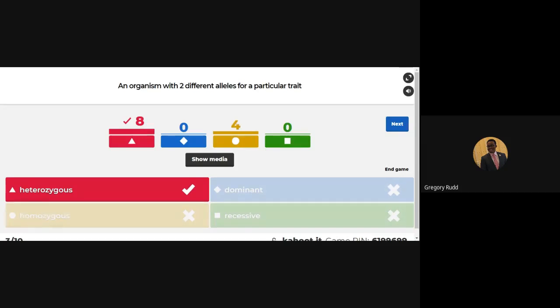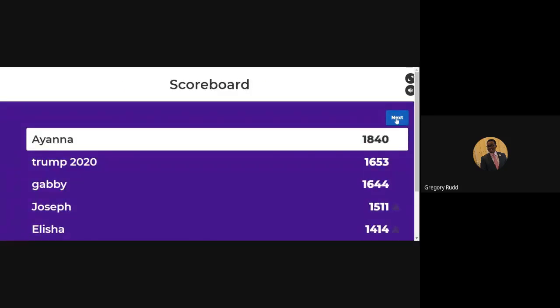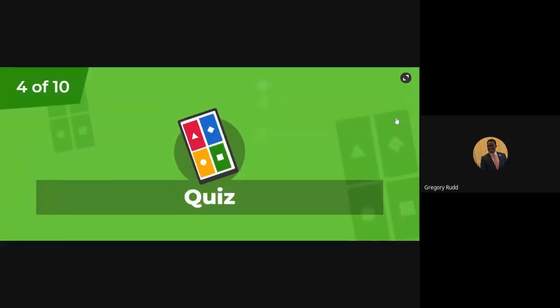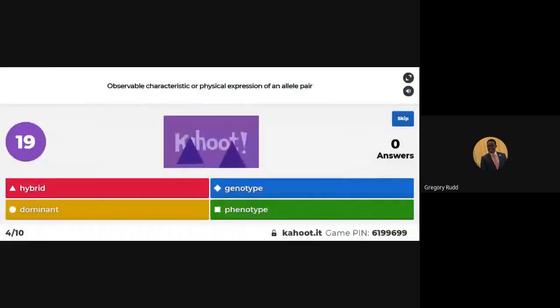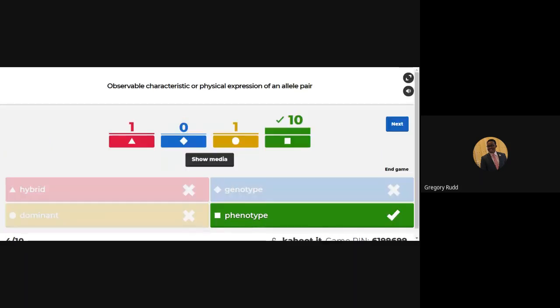So we would end up with one capital letter and one lowercase. Good job. Observable characteristic or physical expression of an allele pair. Physical expression. Excellent. That's a phenotype, physical.